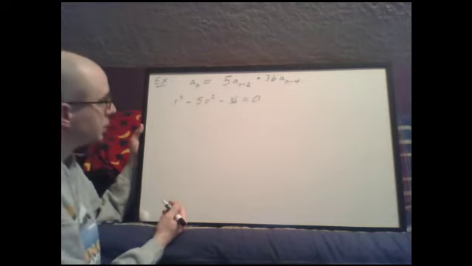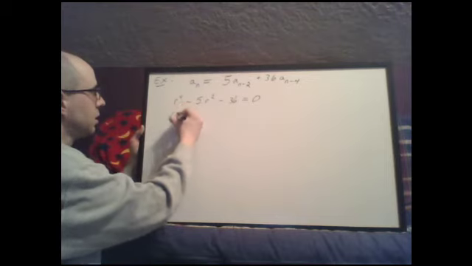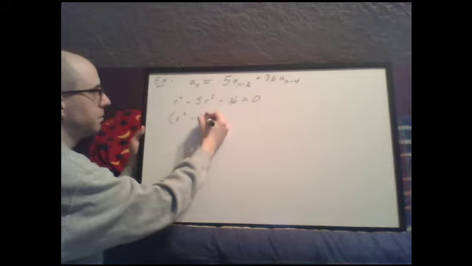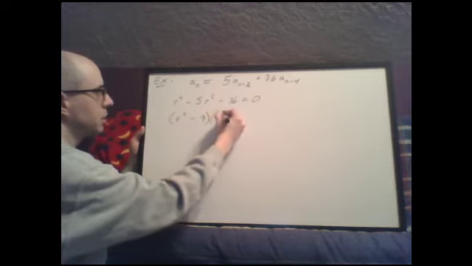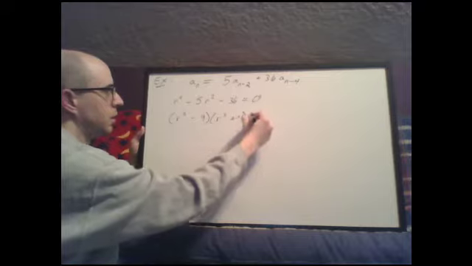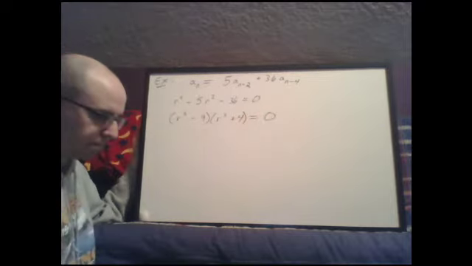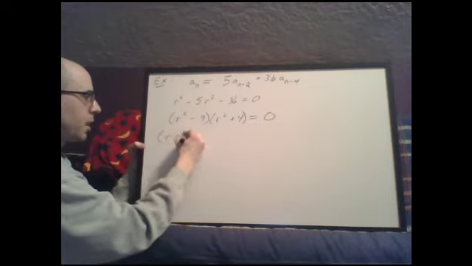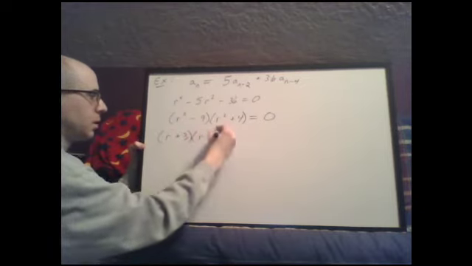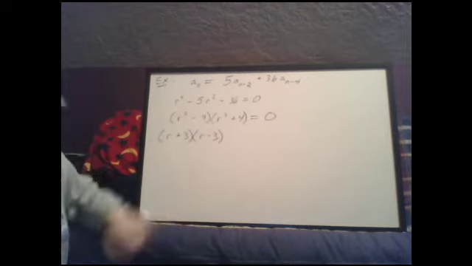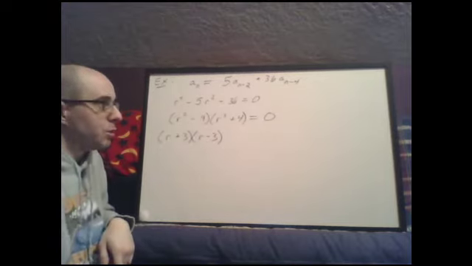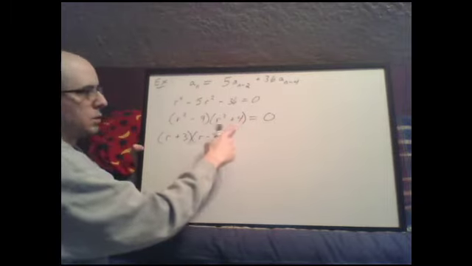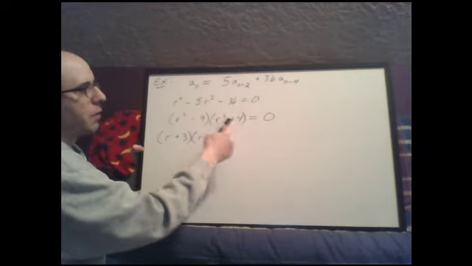So this is first going to factor as r squared minus 9 times r squared plus 4 equals 0. r squared minus 9 factors as r plus 3 times r minus 3. r squared plus 4 is irreducible over the real numbers, but this does factor using the square root of negative 4.